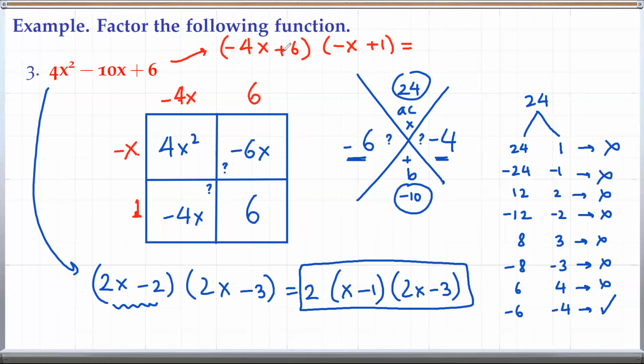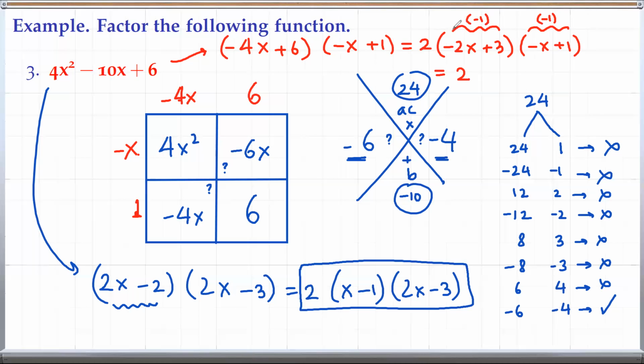So the first step, we can factor out 2 from the first factor. So you will be left with negative 2x plus 3, negative 2x plus 3 when you take out 2. And in the second one, we have negative x plus 1 as it is. And the last step, we can multiply this one with negative 1, and we can multiply this one with negative 1.